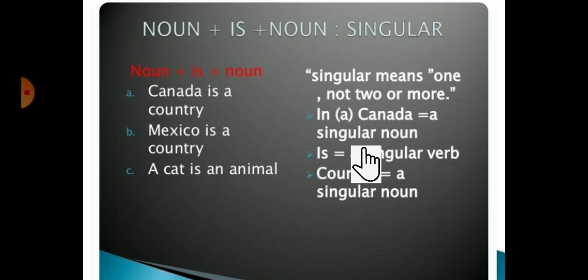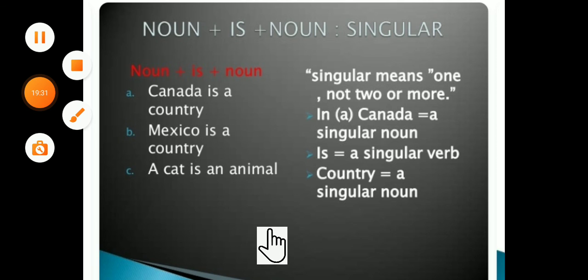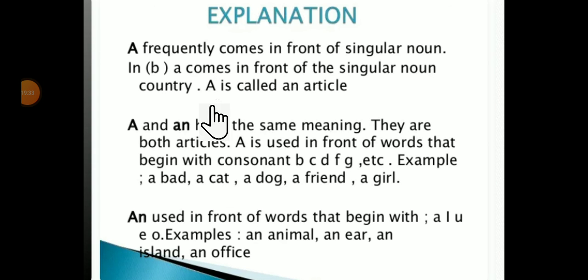Here, Canada is a singular noun. Is is a singular verb and country is again a singular noun. Understood, student, how they have formed this? So based on this, what we are going to learn in the next slide, let's look over what it is. Explanation. See, a frequently comes in front of a singular noun.